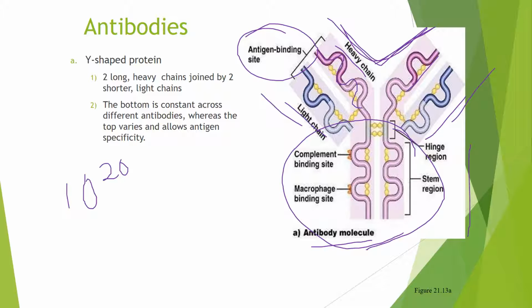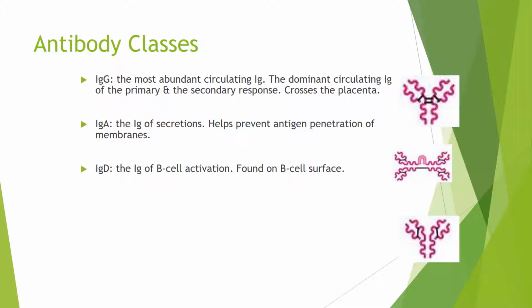However, this is not quite true because of the amount of epitopes that the antibody can recognize. When we have the binding of the antigen to the antibody, that's what's going to trigger our immune response. We have different classes of antibodies, which will depend on when these enter the blood. That's a big difference between them, okay?